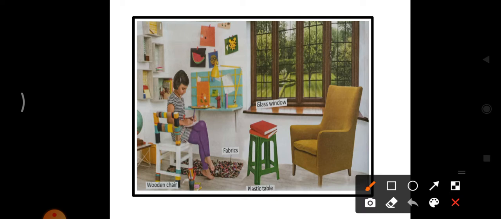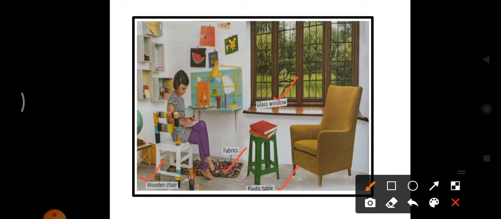Look at this image. See here, this is a plastic table, this is a fabric mat, this is a wooden chair, this is a glass window. So the window is made of glass material, and doormat is made of fabric. The chair is made of wood, and table is made of plastic.